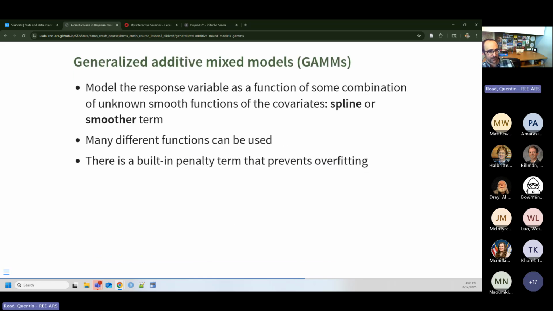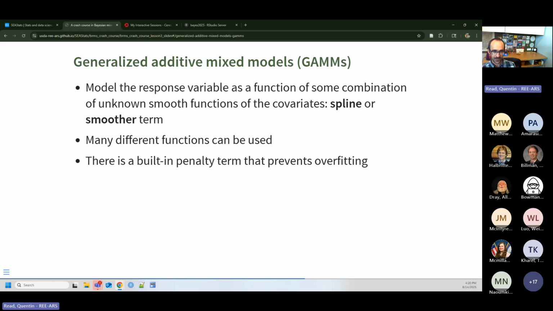Well, what you do is fit a generalized additive mixed model. We're going to model that response variable as being a function of some combination of unknown smooth functions of the covariates. So this is a spline or a smoother. I'll show you an example of that in a second. It will make more sense. There are many different types of splines you could use, and we're not going to get into that can of worms right now.